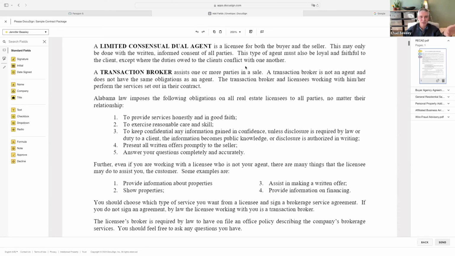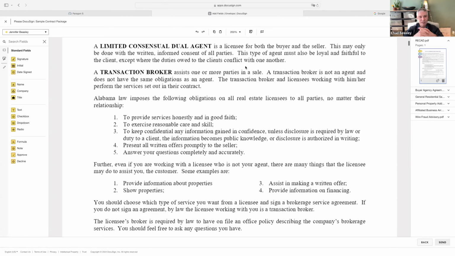So with limited consensual dual agency, it basically boils down to, if you know confidential financial information that would hurt either party's bargaining position, you cannot share that information. You have to keep it confidential, unless you're authorized by that client, and honestly authorized in writing, to share it.